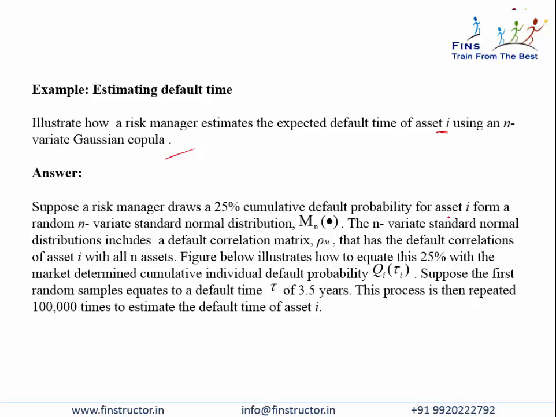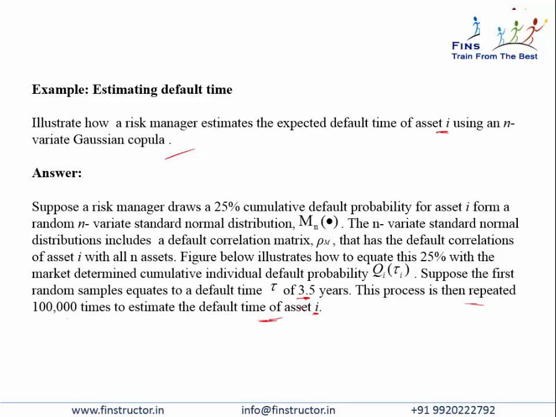The n-variate standard normal distribution includes a default correlation matrix that has the default correlations, and then we'll illustrate how this 25% is equated with the market determined cumulative individual default probabilities. Suppose that the first random sample equates to a default time of 3.5 years, and this process is then repeated 100,000 times to estimate the default time of asset I.